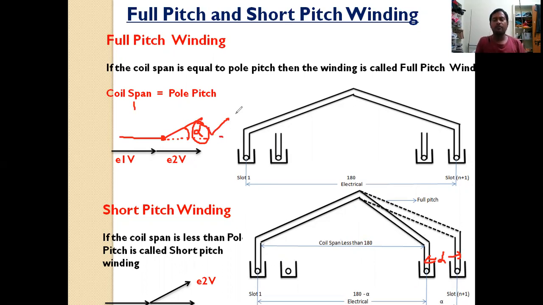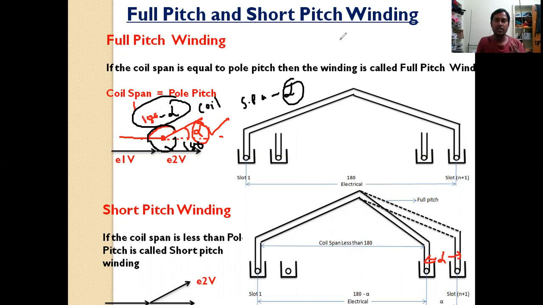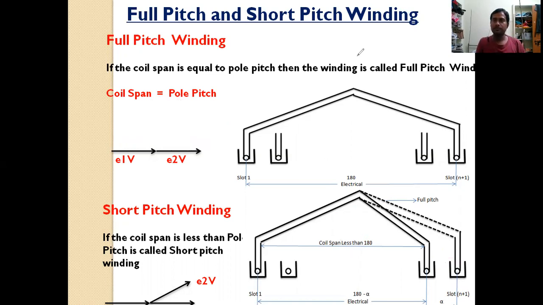This alpha may be any angle. So the total is 180 degrees, but this angle is 180 minus alpha. This is the coil span, and the short pitch angle is alpha. This is all about full pitch winding and short pitch winding.